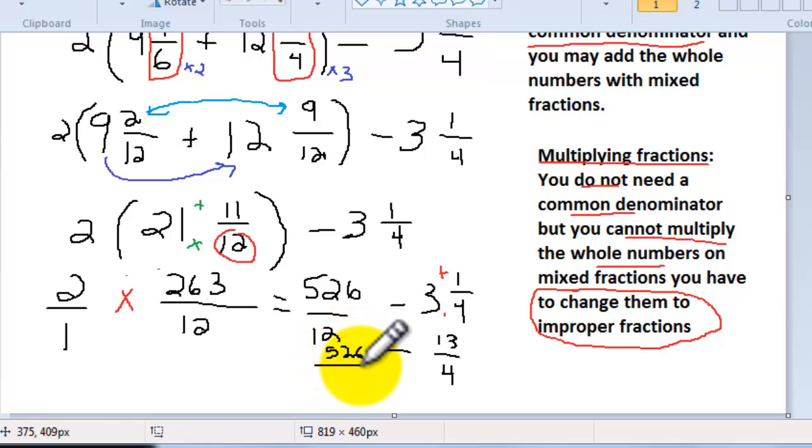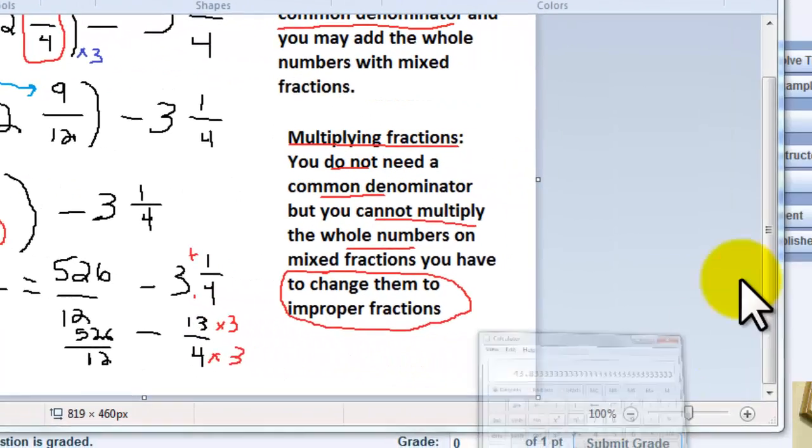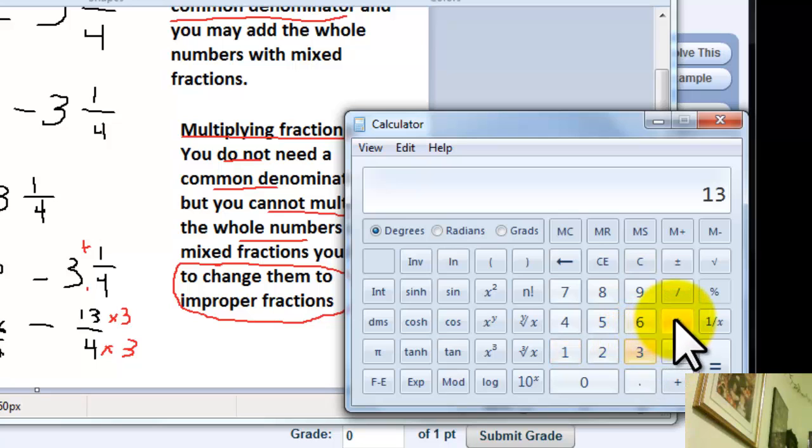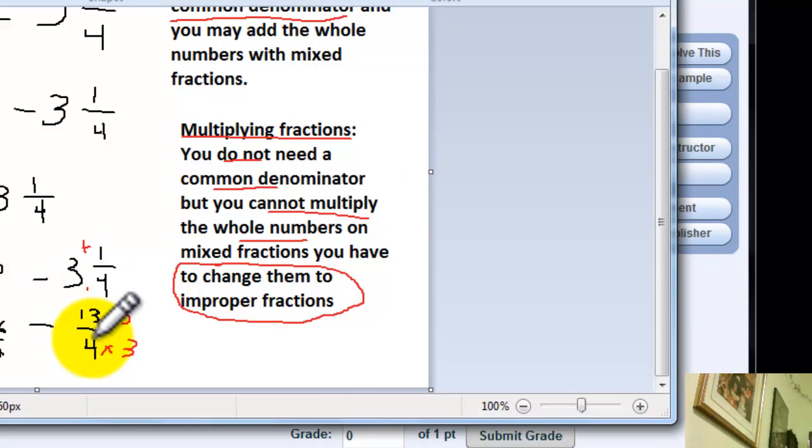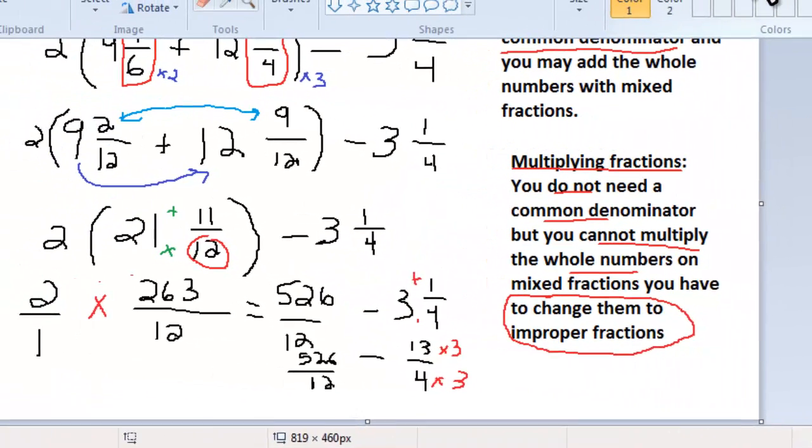The common denominator is 12. We don't have to touch that 526. Let's change this one, times 3 to 12ths. So 13 times 3, I used to know that. 13 times 3 is 39. So now we have 39/12.